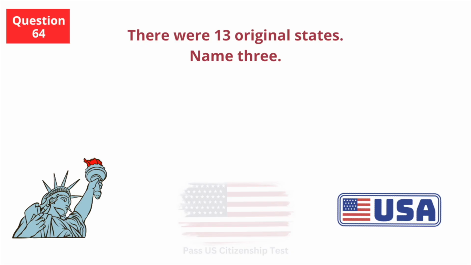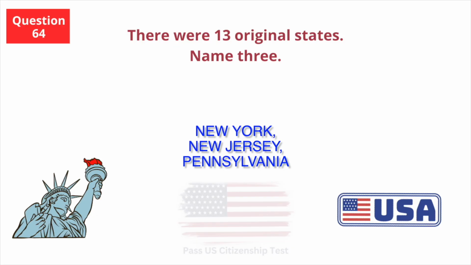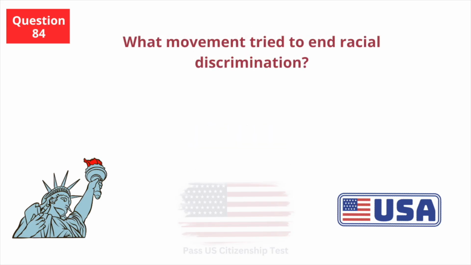There were 13 original states. Name 3. New York, New Jersey, and Pennsylvania. What movement tried to end racial discrimination?